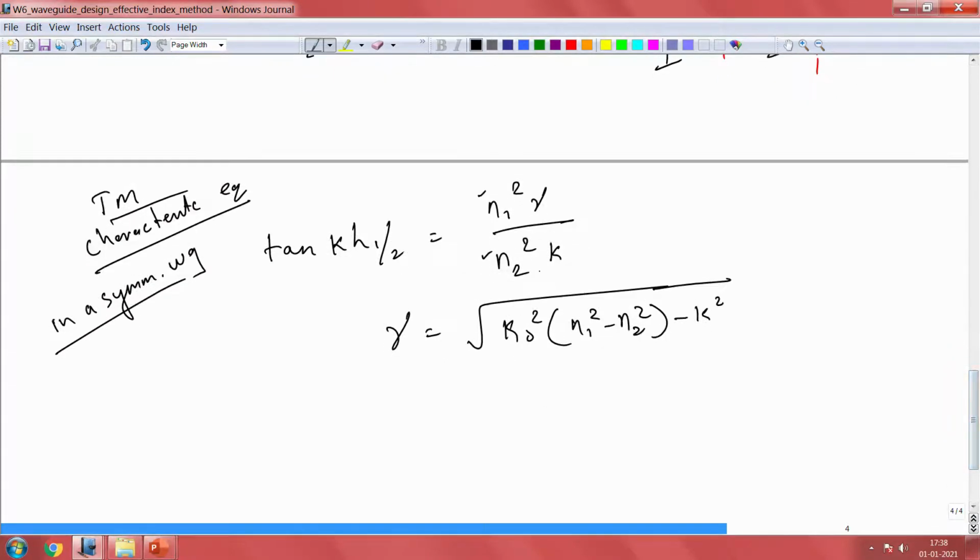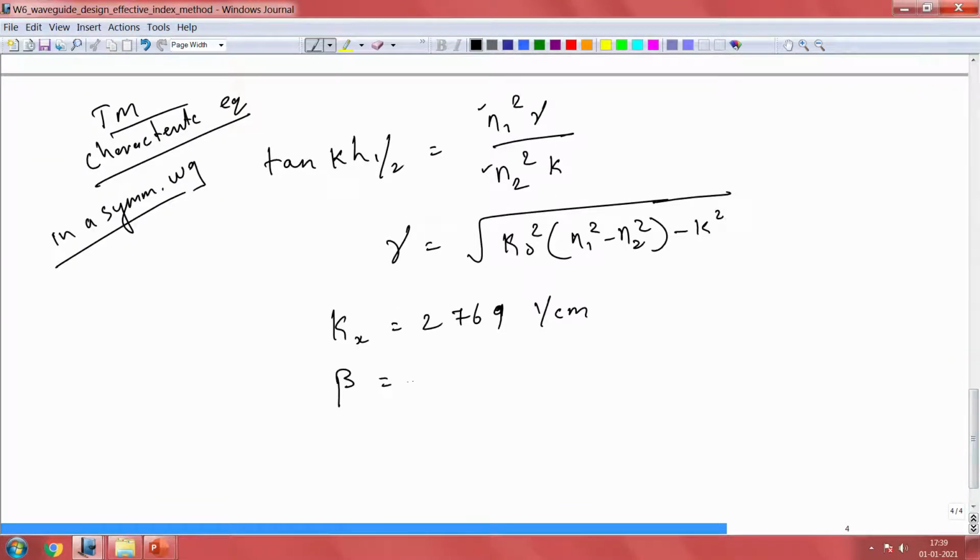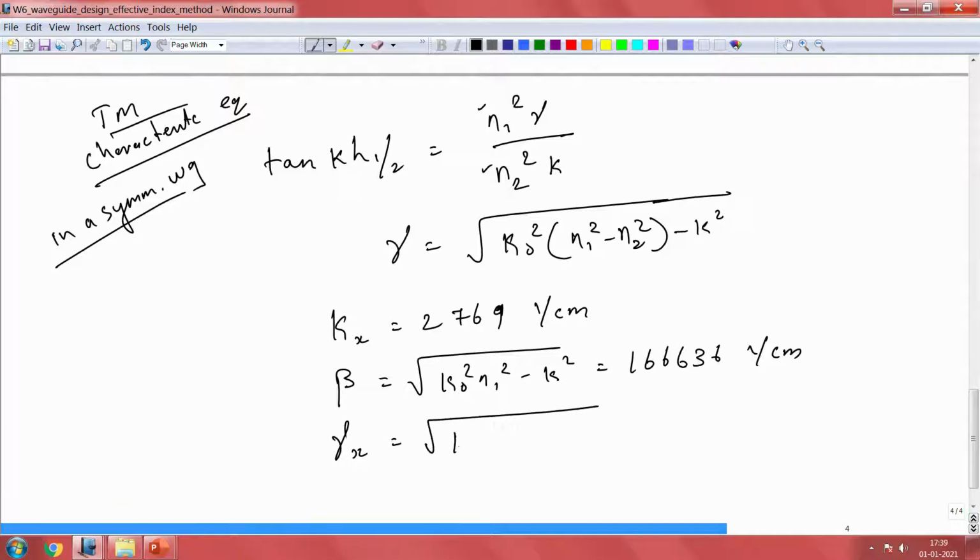Using a very simple numerical technique, we could find that kx is 279 rounded off per centimeter, beta is root of k naught squared n1 squared minus k squared, which is equal to 16636 per centimeter, and gamma x is the root of k naught squared n1 squared minus n2 squared minus k squared, which is 3487 per centimeter.